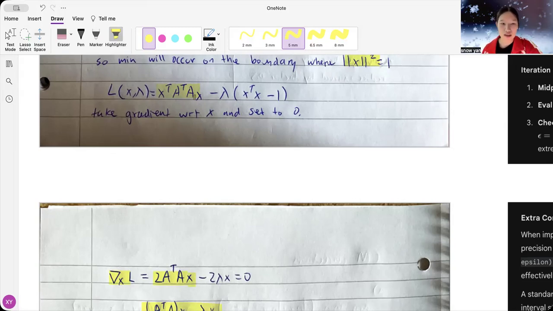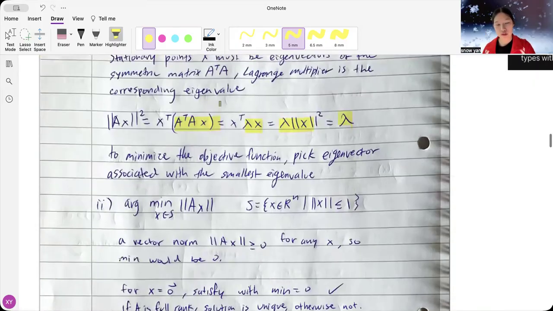And since it's symmetric, M and M^T are the same thing, so it's 2 times that. It's the same argument over here, but with the identity matrix, so it would just be 2 lambda x.